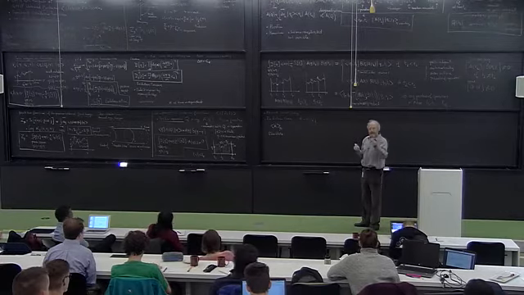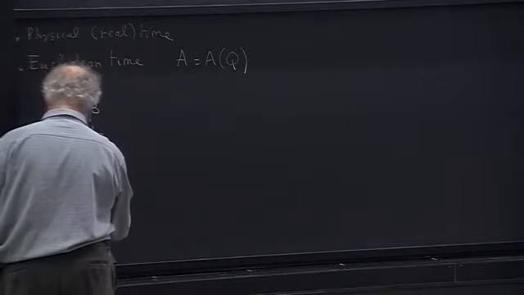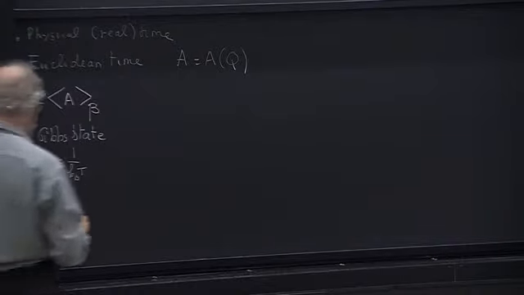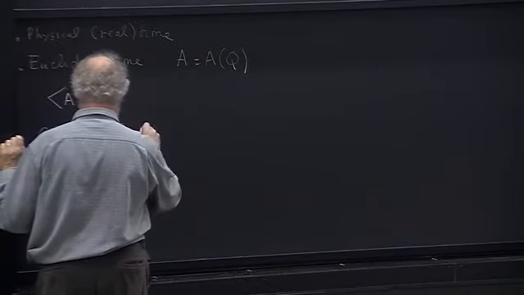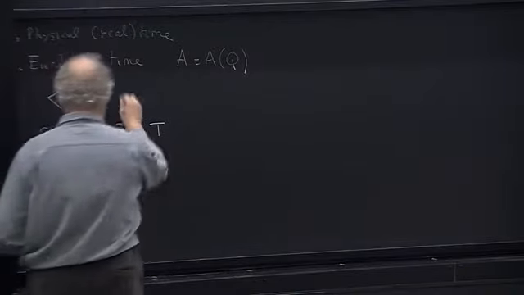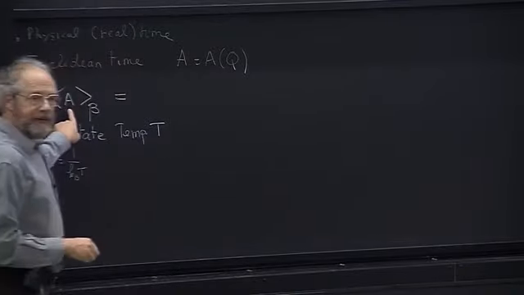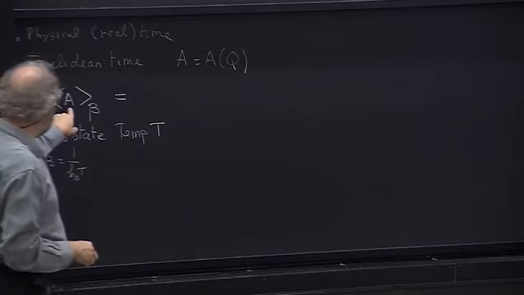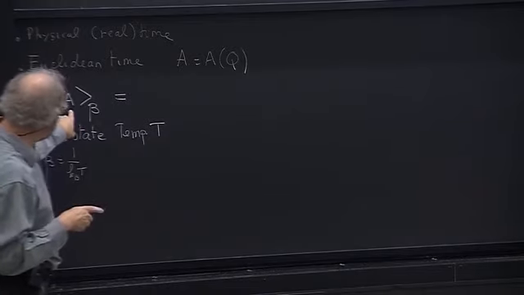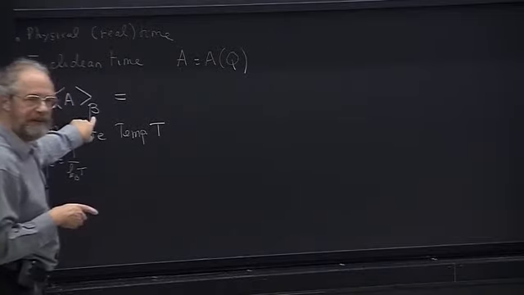The Gibbs state is a state characterized by a density matrix, where beta is 1 over kBT, the temperature T. What is the definition of this? We consider the average expectation value when you make a projective measurement of some operator A in a Gibbs state beta.